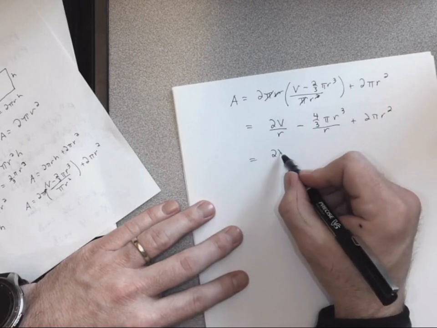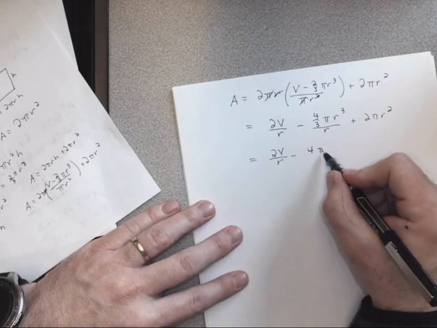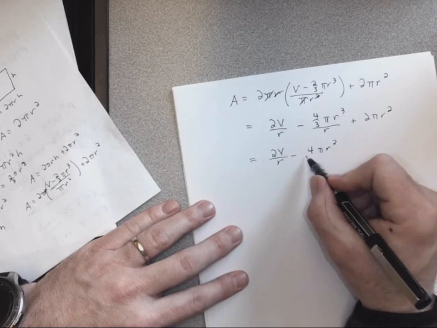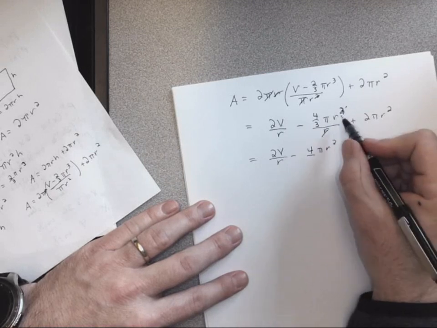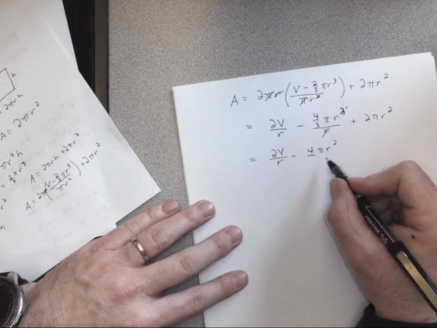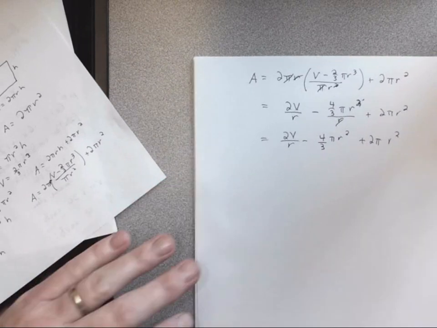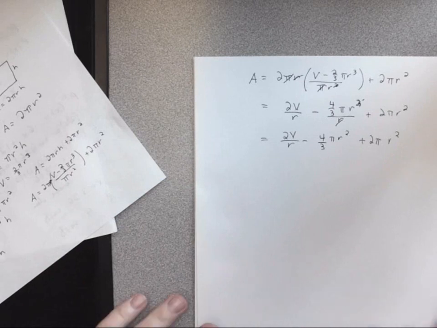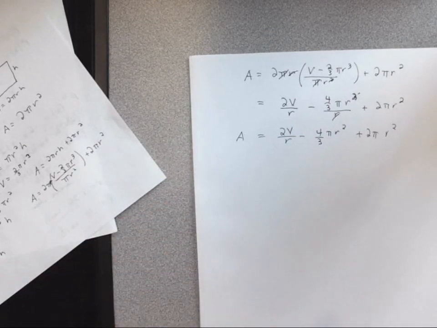So I have 2v over r minus 4 pi r squared over 3, plus 2 pi r squared. That's much nicer actually. So this is A.